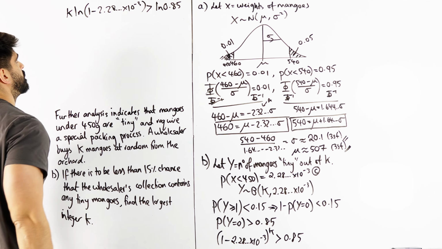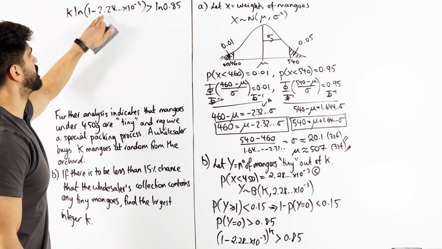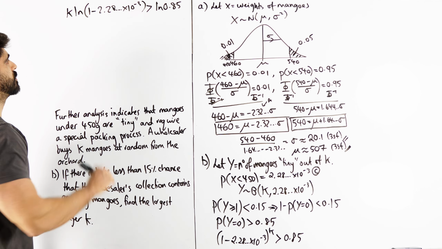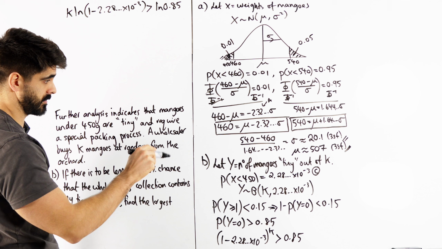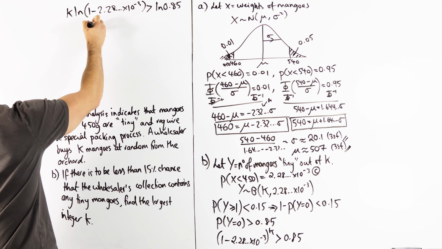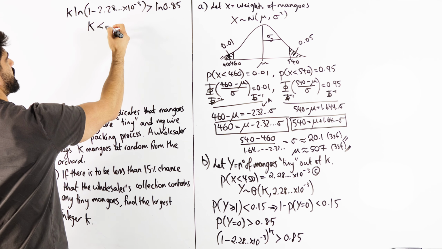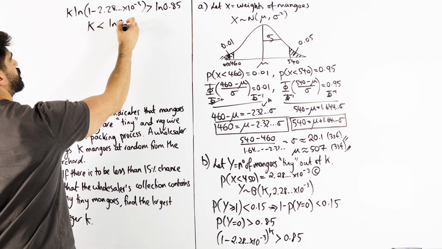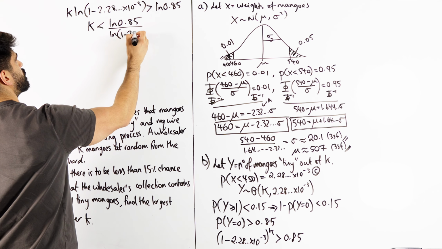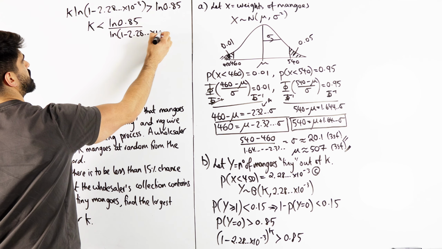And then we divide. Now you need to know here that this number is between 0 and 1, so its log is negative, so the sign is going to flip. So k has to be less than ln 0.85 over ln of 1 minus 2.28 times 10 to the minus 3.